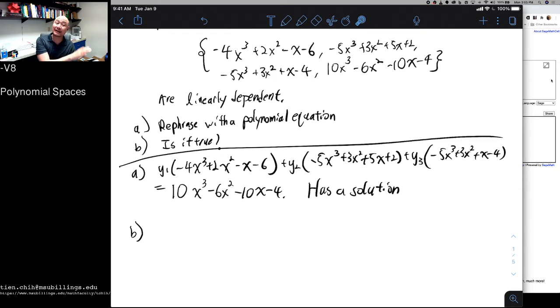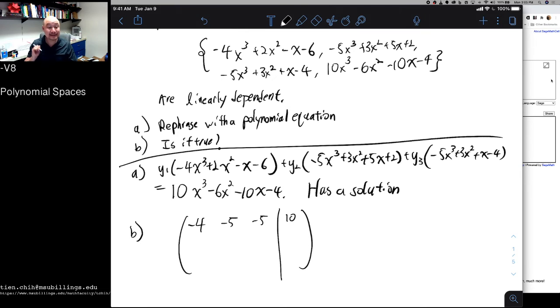The x cubes on my left should coincide to the x cubes on my right if in fact this is an equality. So essentially what we're saying is minus 4y1 minus 5y2 minus 5y3 should be 10, right?